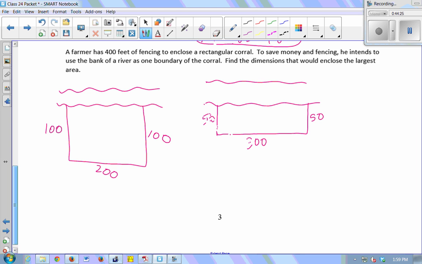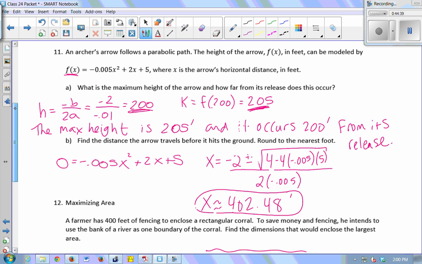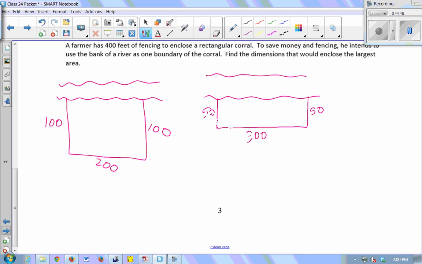How should we build it to get the maximum area, the biggest area possible? The only difference between this question and the previous one, which was also a maximize question, is that this time they gave us the formula. This one we're going to have to come up with it.